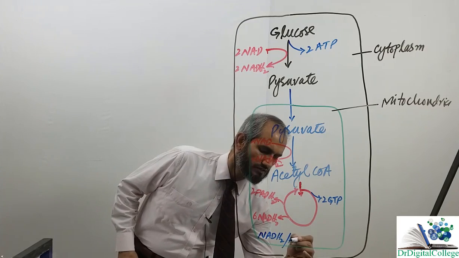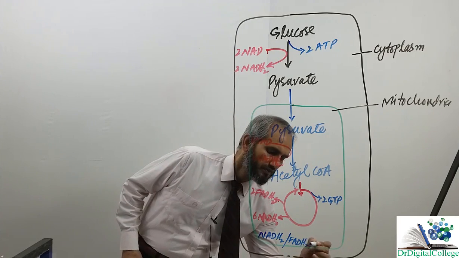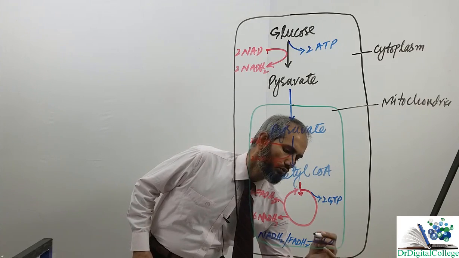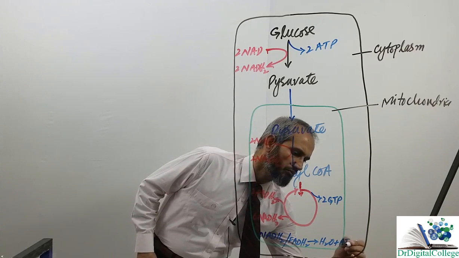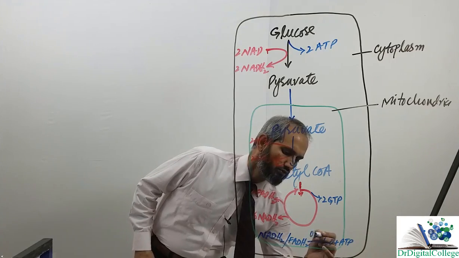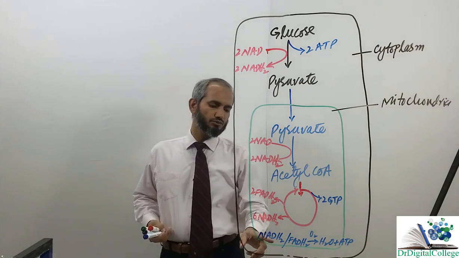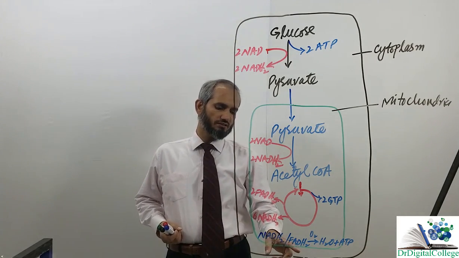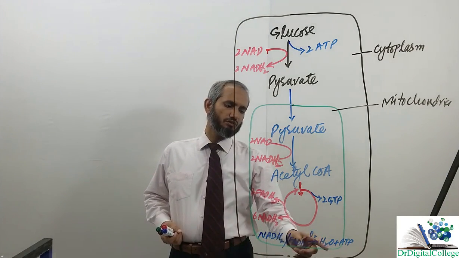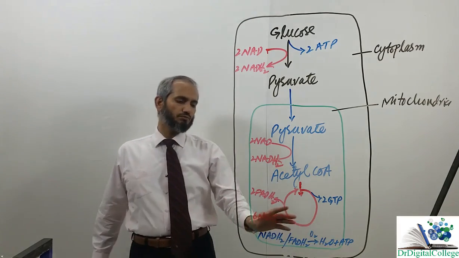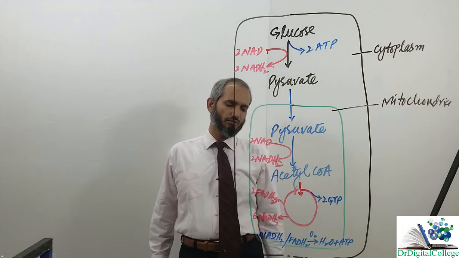NADH2 or FADH2 will be oxidized into H2O and ATP will be produced if molecular oxygen is available. Means NADH2 and FADH2, their hydrogen will be oxidized into water and ATP will be produced. But this process is possible only if oxygen is available.